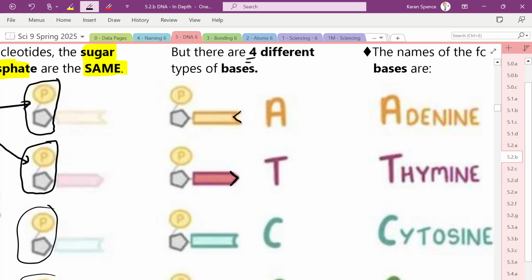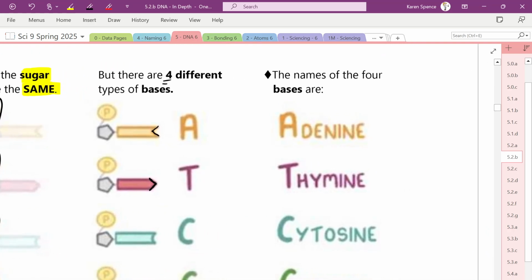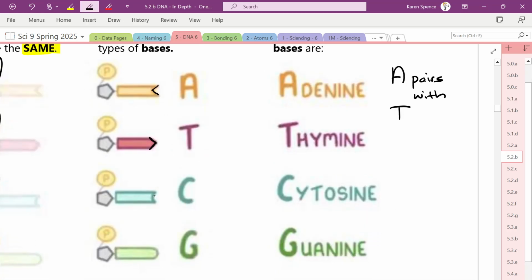And that's because A pairs with T, and C is a little inward half circle, and G is a little outward half circle. And that's because C pairs with G.